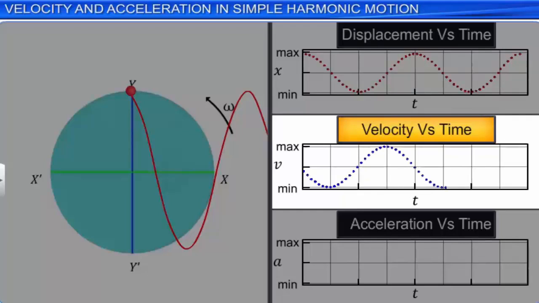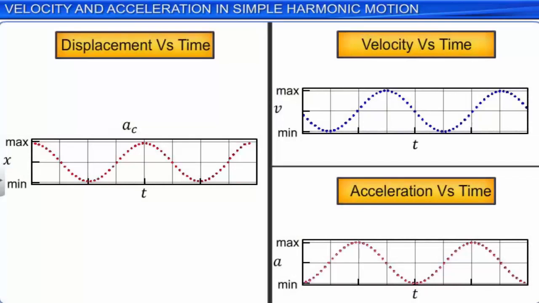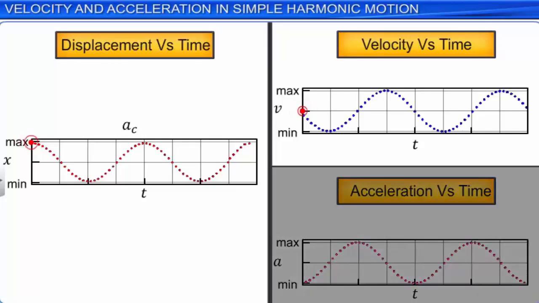The third graph is acceleration versus time. From the graphs, we see that the phase difference between displacement and velocity is pi by 2 radian. The phase difference between displacement and acceleration is pi radian.